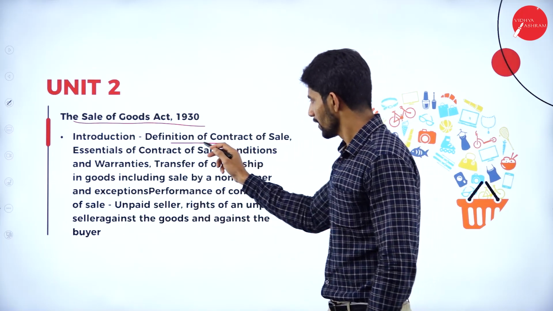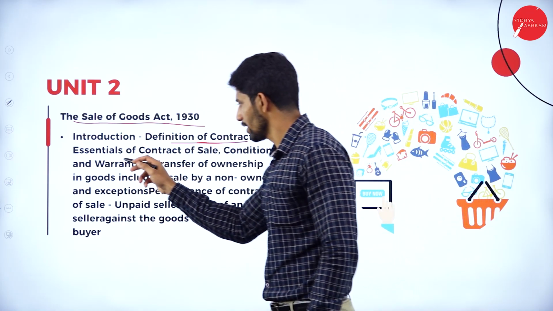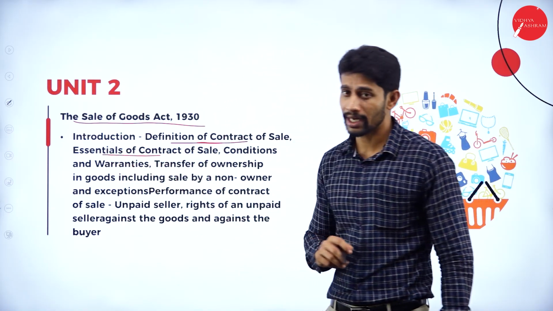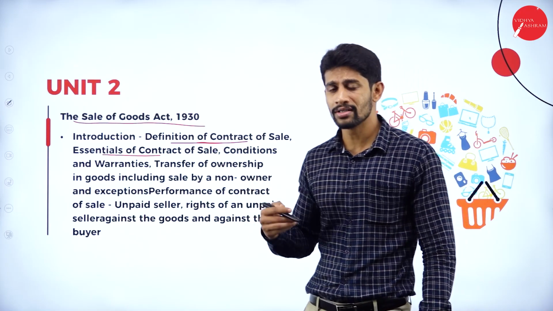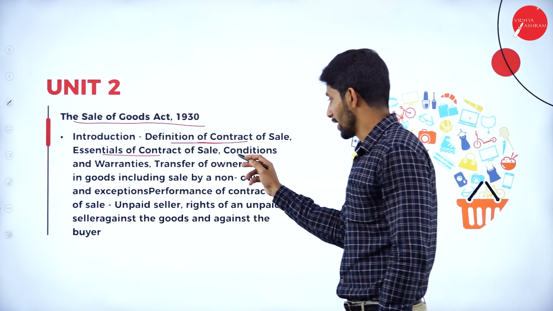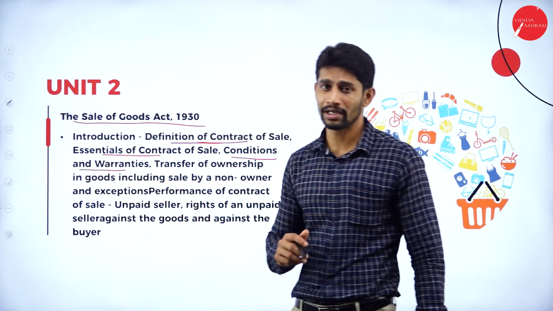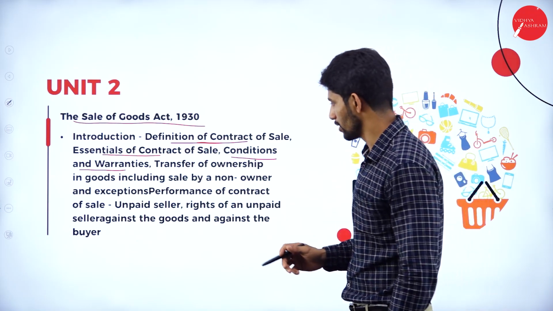So we are going to study the definition of contract of sale and the essentials of contract of sale. That means what is required to call it a valid contract of sale. Next, conditions and warranties. What is the meaning of conditions? What is the meaning of warranties?